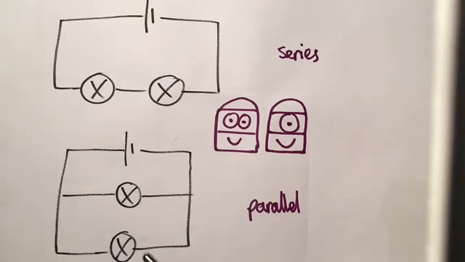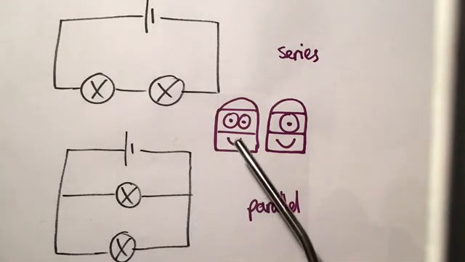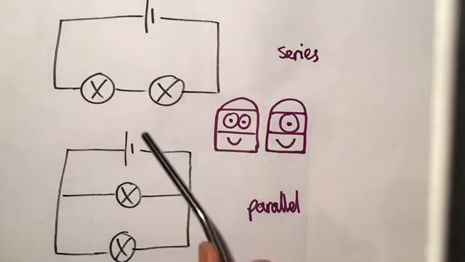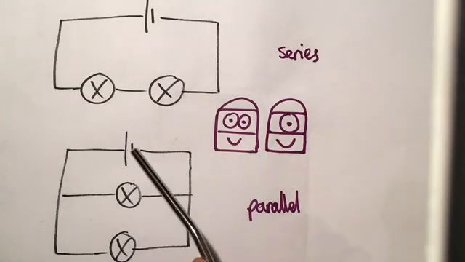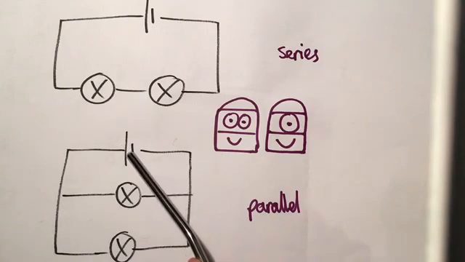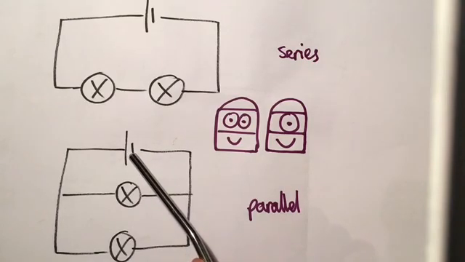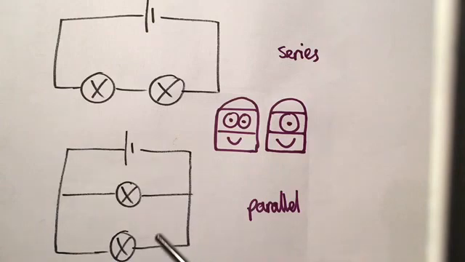That means that the current, the rate of flow of charge, the number of minions down each branch, is shared in a parallel circuit. But because they've each been given the same amount of energy, they've each gone up the same number of steps, they've each received the same amount of energy in the cell. In a parallel circuit, the voltage in each branch is exactly the same.